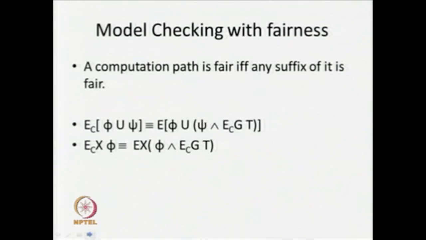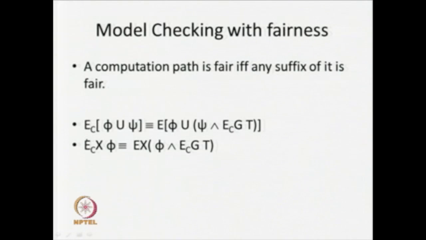So, in that particular case, say we are going to look for EC phi until psi. So, this is basically there exists a path where this particular fairness constraint is true, phi until psi. That means we are going to look for this phi until psi in a fair path.